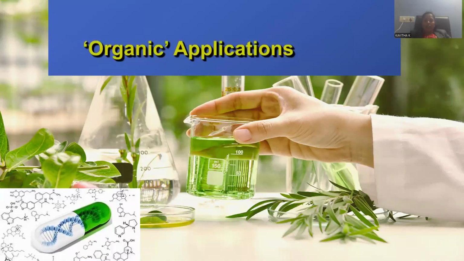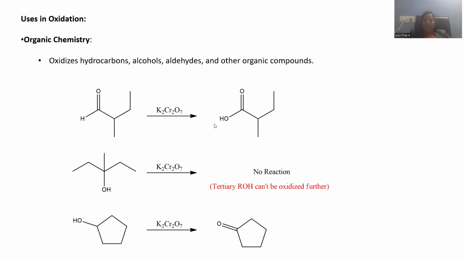Now, detailed organic applications are going to be discussed. Let me go through the detailed applications of potassium dichromate in the field of organic chemistry. If you want to convert an aldehyde into a carboxylic acid conveniently, you can treat this aldehyde compound with K2Cr2O7, so that there is a provision to achieve the corresponding carboxylic acid.